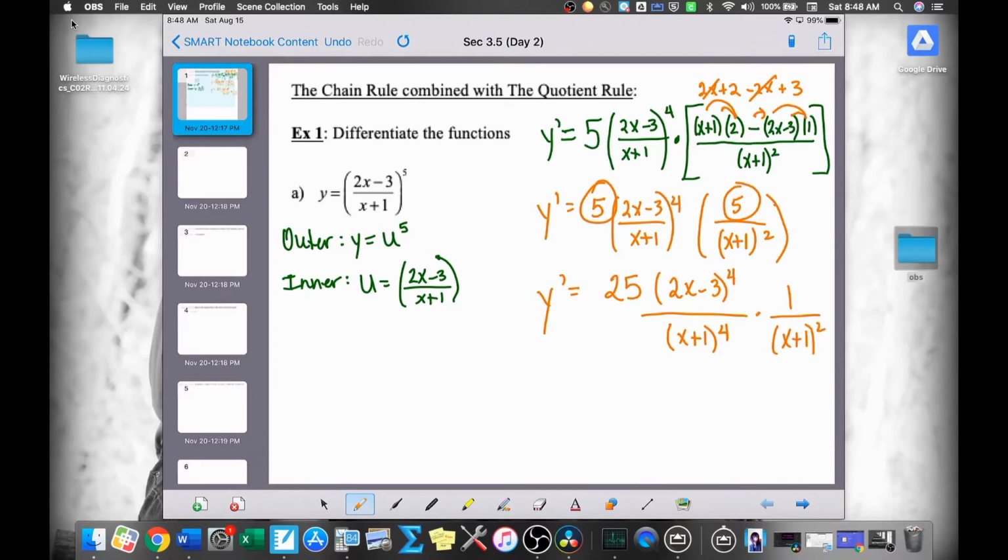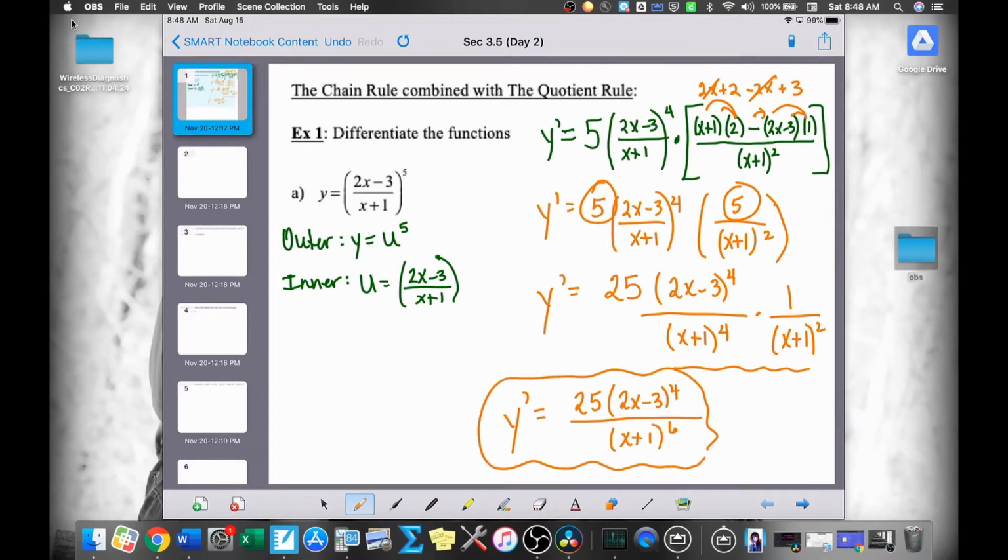The last thing that I could do, just to clean this up a little bit more, is to combine those families of x plus 1 in the denominator. So my final answer here is going to be y prime equals 25 times 2x minus 3 to the 4th power divided by the family x plus 1 to the 6th power.